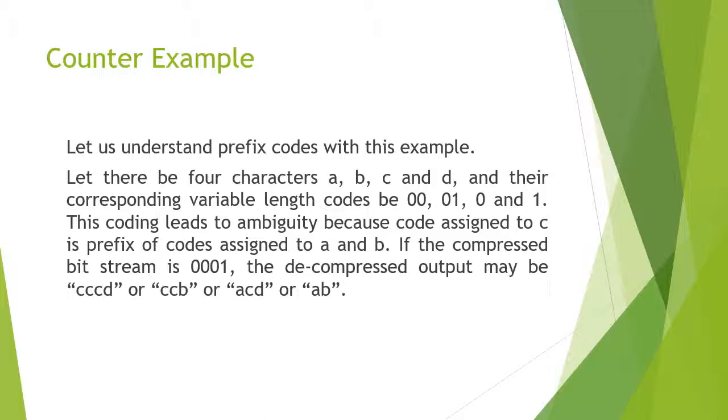So 0001 can be decoded as CCCD, and it can also be decoded as C, C and B, because C is 0, C is 0 and B is given by the code 01. Or it can also be decoded as A, C, D or AB. So this results in ambiguity. So this is not a perfect example of a prefix code.